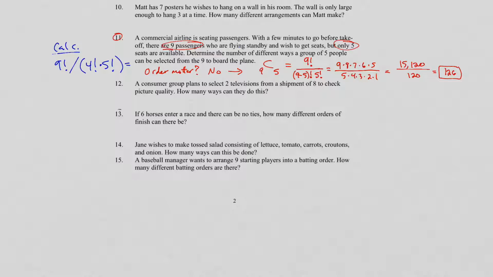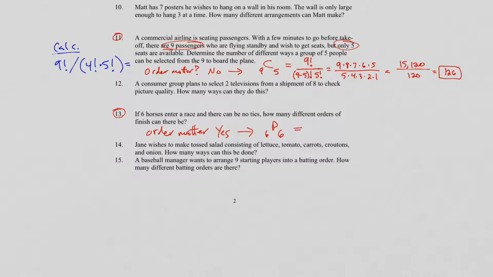Okay, what about 13? Entering a race, there can be no ties. How can the race finish? Does order matter? Yes. So it's a permutation. Now, if you're going to use all of them, if you're going to use all the 6, that's what the 6P6 is saying.